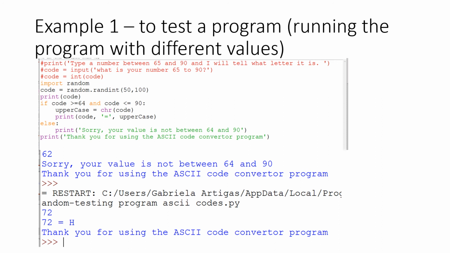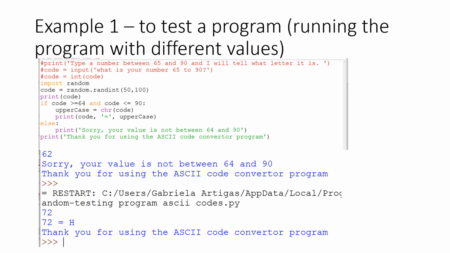We replace that with the import random statement, and code equals random.randint, which starts with 50 and ends at 100, and we display it so we know what code the computer generated. I ran it twice, and fortunately it gave me a value that was outside the range, and immediately after it gave me a number that was within the range.